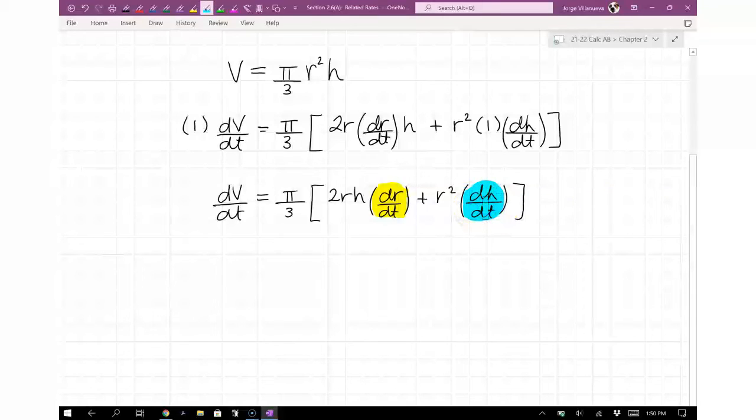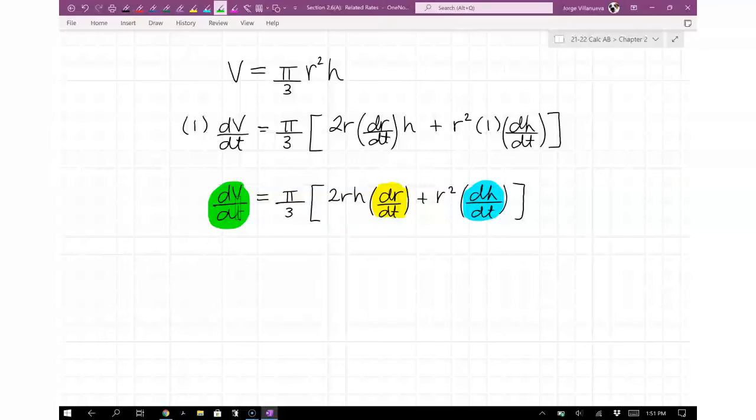If I wanted to know how the volume changes over time, that's finding dV/dt. So right now this equation is set up to figure out how the volume is going to change over time. All I need to know is the radius, the height, the rate at which the radius is changing, and the rate at which the height is changing.